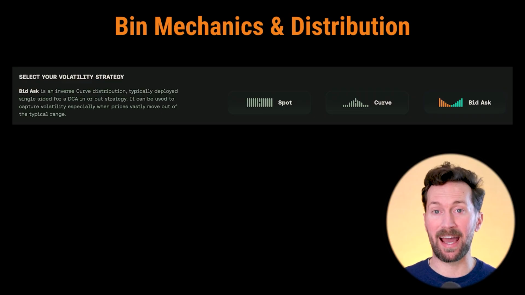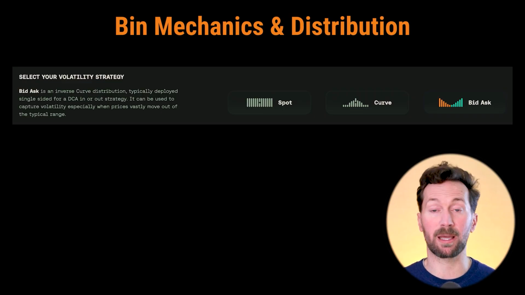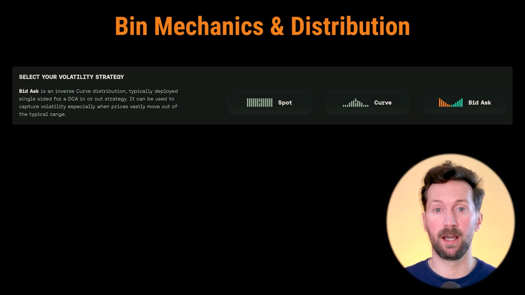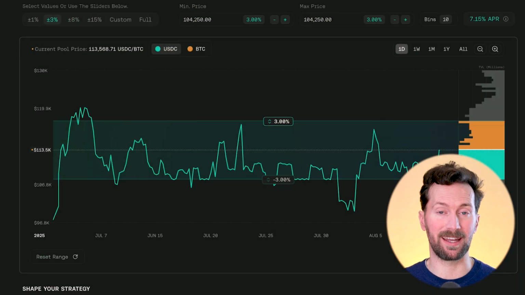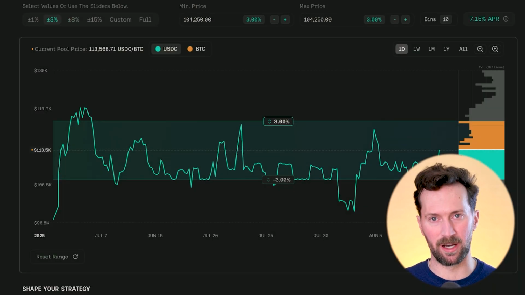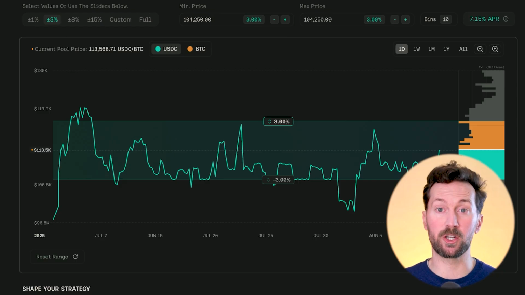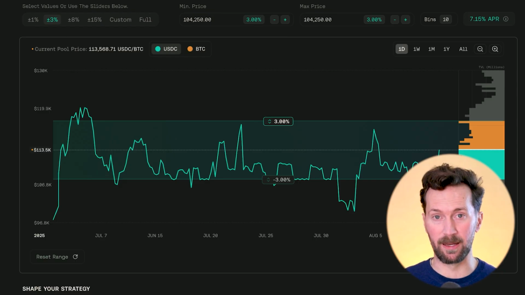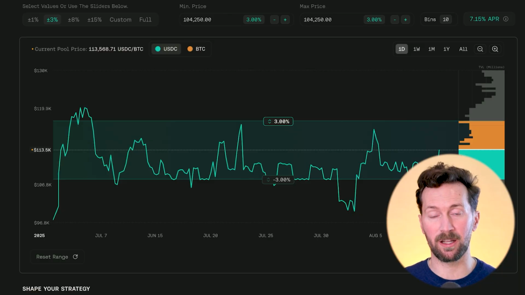And with bid-ask, you load more bins toward the edges of your range, almost like placing buy and sell interest near your preferred entry and exit zones. On top of that, advanced users can design custom bin layouts for very specific views of the market. So instead of one generic shape for everyone, HODLMM lets you shape your liquidity to match your conviction, your volatility tolerance, and how actively you want to manage your positions.